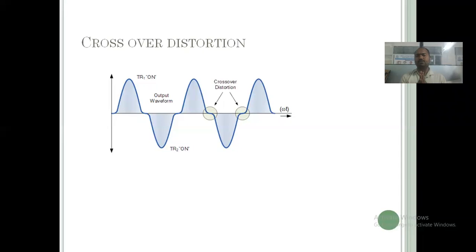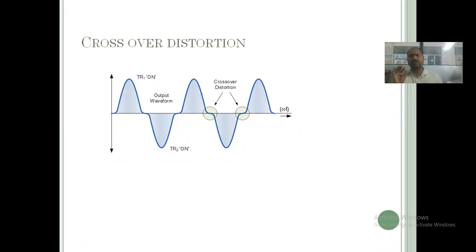Why does the distortion come with this type of configuration? See, when we use the class B configuration, it has zero bias voltage. Zero bias voltage indicates that we don't apply any DC voltage in this configuration. Why do we require the DC bias voltage?